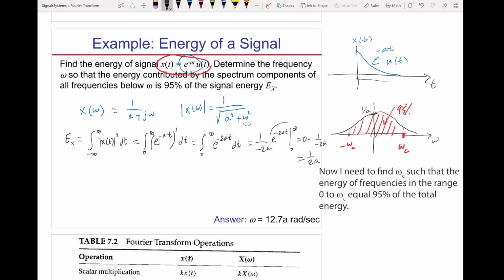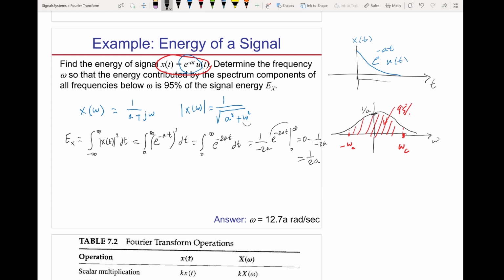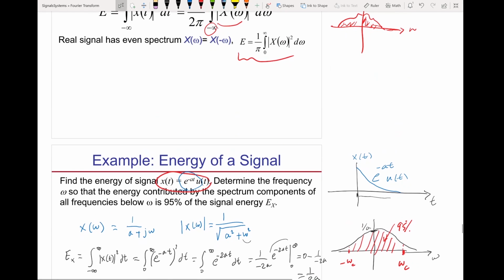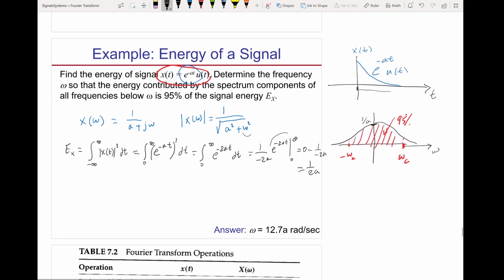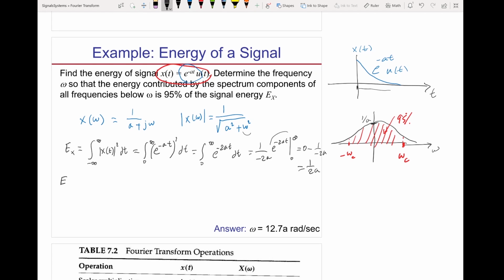Now I need to find 95% of the energy, and I need to find omega c. So now I will calculate the energy in the frequency domain, and we will use this definition. The energy of 95% of x will be 1 over pi, integrated from 0 to omega c, not from 0 to infinity.